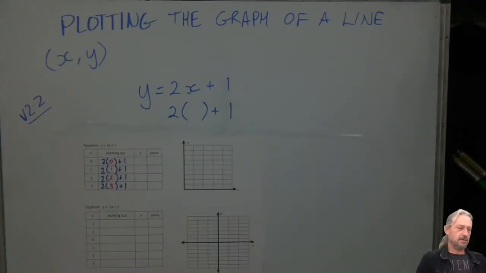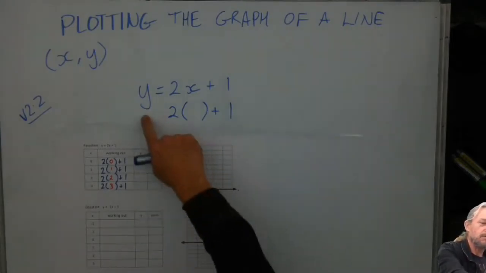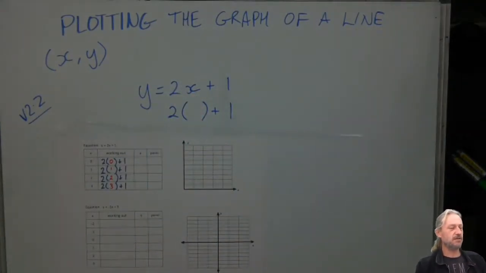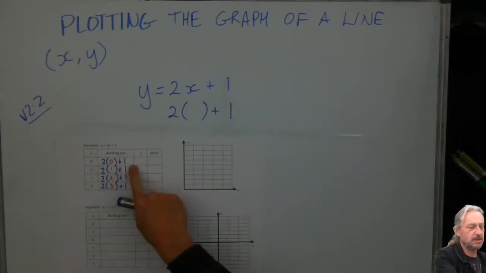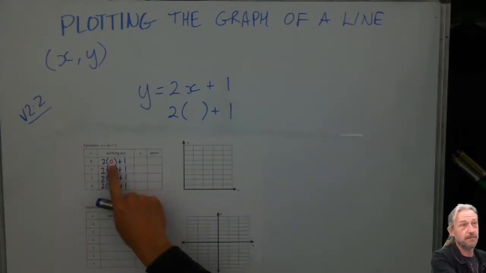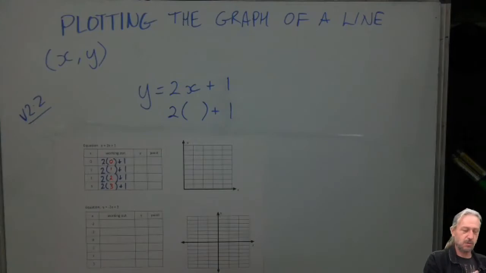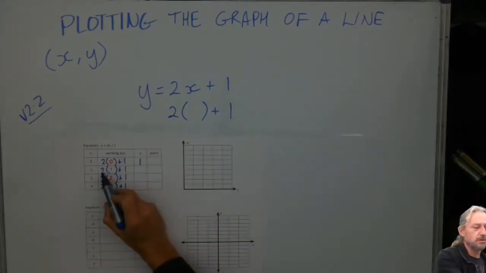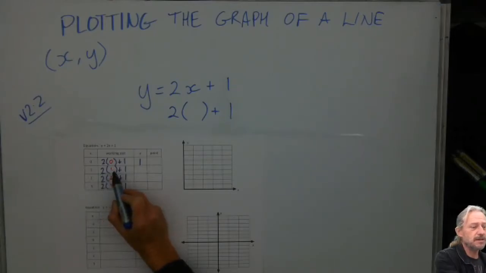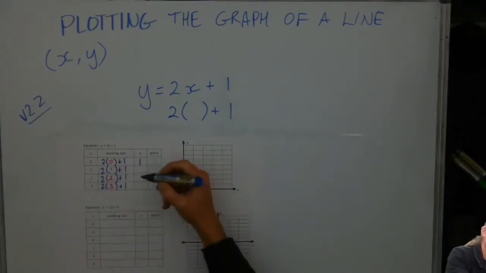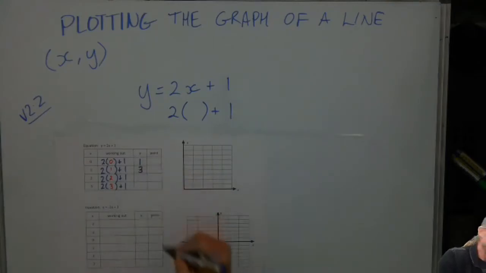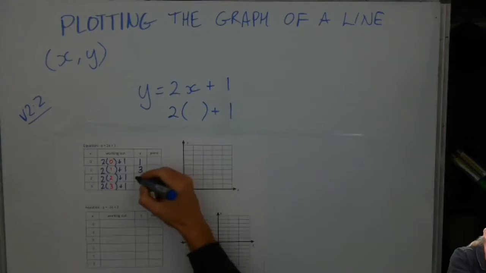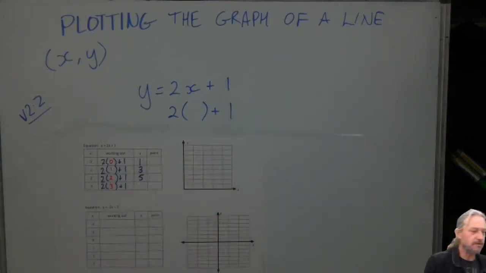So now to work out what y is going to equal for each of those substituted values, we just need to work out this sum. So 2 multiplied by 0 is 0, plus 1, 0 plus 1 is 1. 2 times 1 is 2, plus 1 is 3. 2 times 2 is 4, plus 1 is 5.